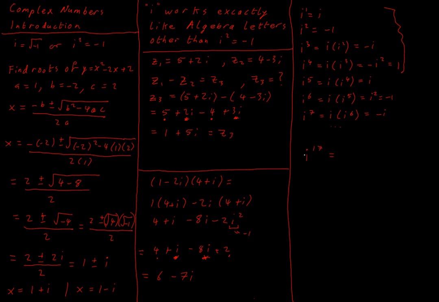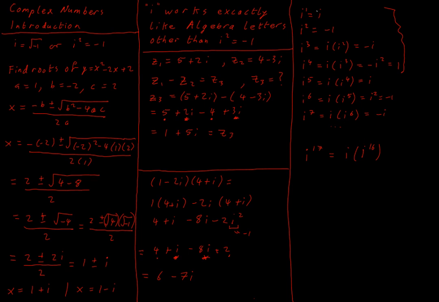So how many complete cycles of 4 have we gone through when we're at i to the power of 17? Well, it would be i by i to the power of 16. 16 is 4 fours. So we've gone through 4 complete cycles of this pattern.